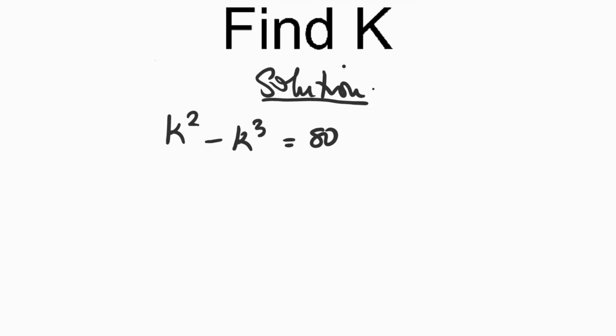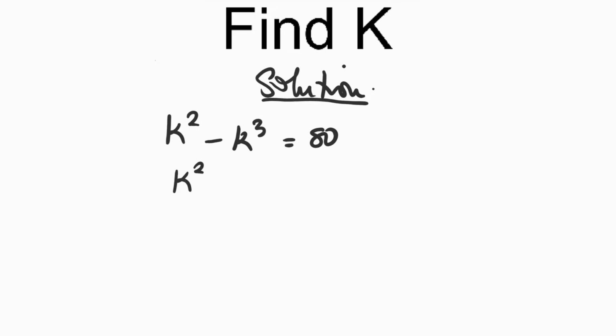Now we're going to try to rewrite 80 in such a way that it contains the same set of powers that we have on the left hand side, essentially trying to make the right hand side look similar to what we have on the left hand side.